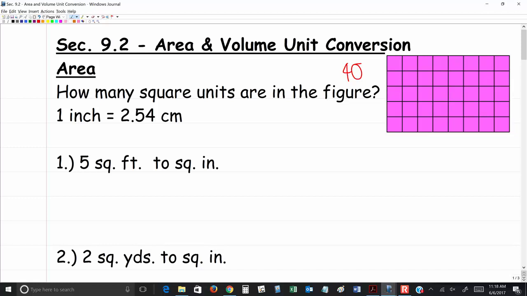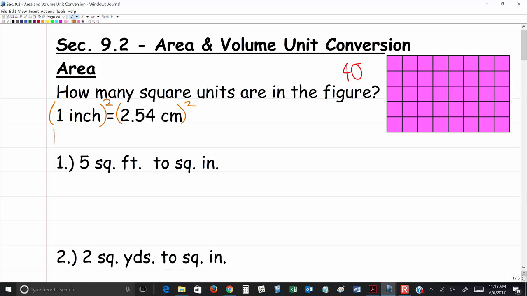Okay, so now when you have square units, if we know that 1 inch is equal to 2.54 centimeters, that is the conversion factor we were given. So you have to convert that to square units.